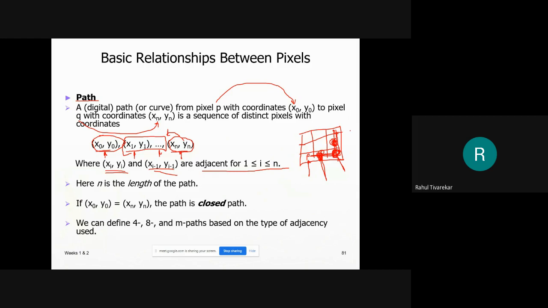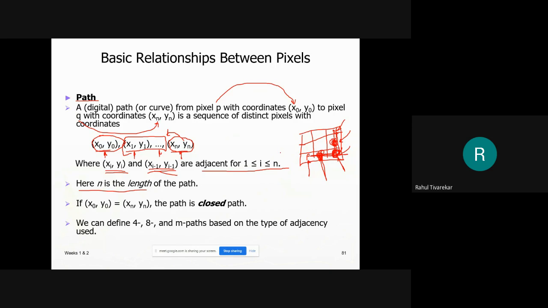Then when I talk about this pixel, the pixel here and the pixel here should be adjacent to that. So in a path, every pixel will be adjacent to the pixels on that path which are just before or after that pixel. Okay, you will again get to know in a better way when we see the actual example later.